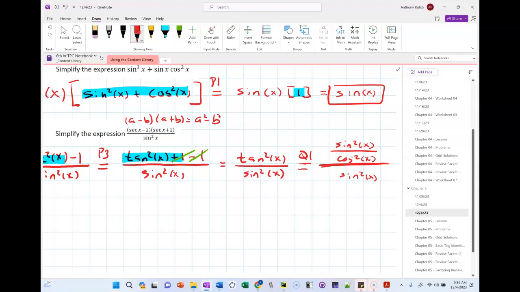Okay. Now, do you guys see anything to do? I'm going to draw that big thick bar there so you can tell where the fractions are. Yeah, so if you think about this as a fraction, you can cancel the numerator on the top with the numerator on the bottom. When we reduce a fraction like that, what does it become?